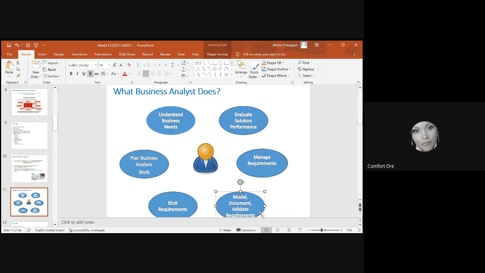So validate, confirm from all of your stakeholders, you know, this is the issue. What do you think? What's your input? What's your contribution? And then document. This is what Faisal said. We call it a CYA. People say it's cover your assets, but a more contemporary way of saying it is like cover your behind, right?